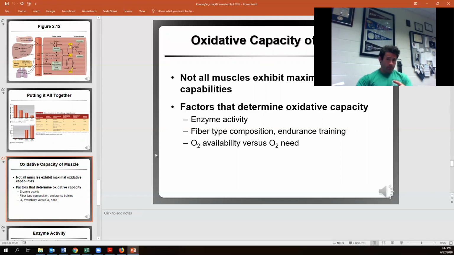That's something that takes time, but it's a specific adaptation to the imposed demands of your training. So, yes, your type 1 fibers typically are better at oxidative work. Your type 2As are much better anaerobic glycolytic, and your type 2Xs are naturally much better at ATP-PCr. But through training, we can see enhancements, and those fibers start to take on characteristics of the fiber type that you're tapping into the most for your training.